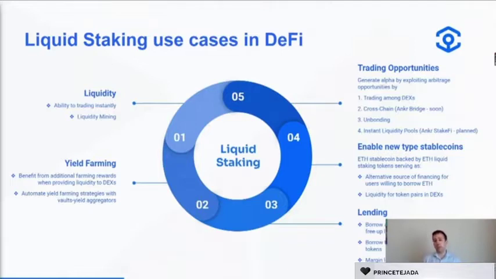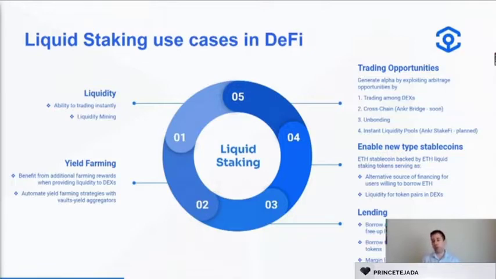The issue is that the current lending platforms are not built and designed specifically for the use cases of liquid staking. To enable liquid staking in those platforms, either they need to change their system significantly, or they will simply not list liquid staking tokens.